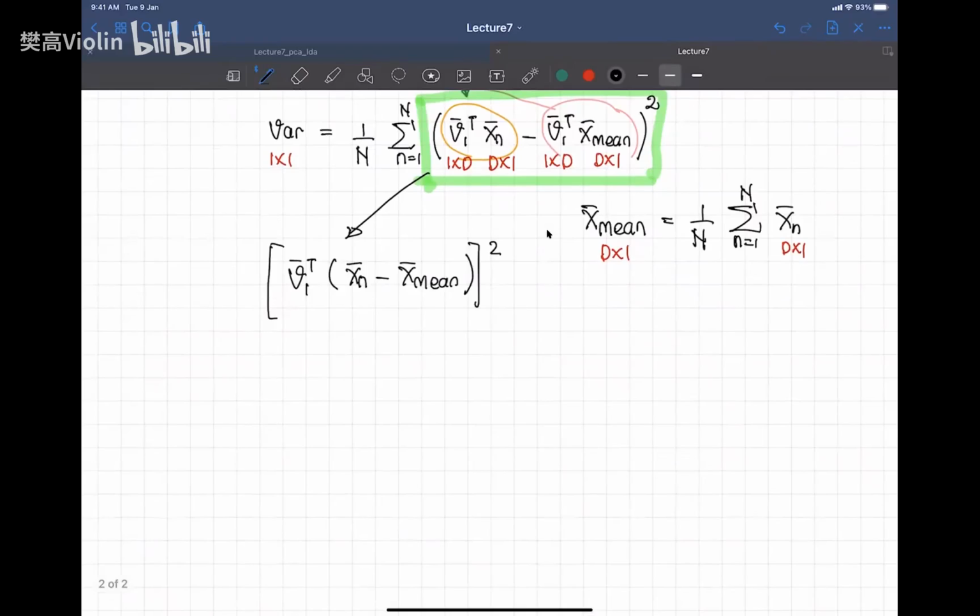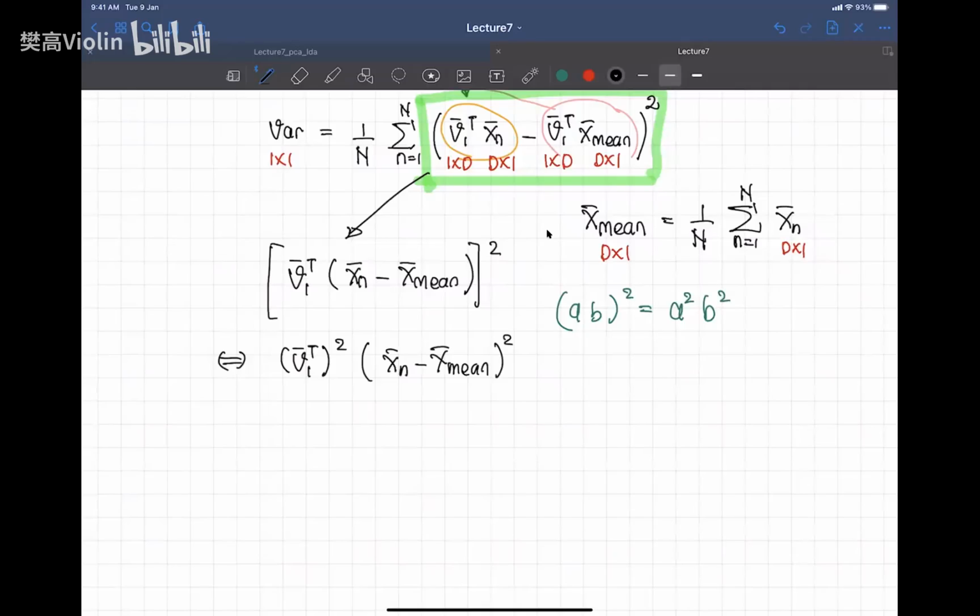Okay, and we know that (ab) squared equals a squared b squared. So in other words, we can expand this further. Here we can have phi1 transpose squared multiplied by (xn minus x mean) squared.